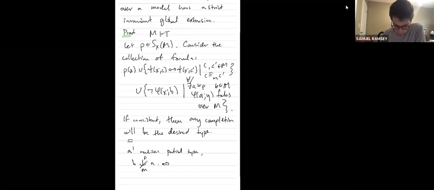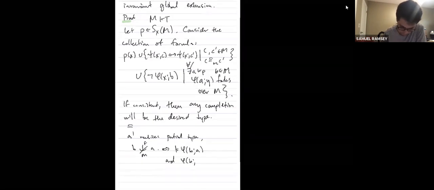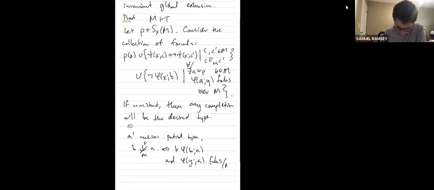In that case, there's some formula. So it follows that there's some formula φ(b, a), which is true, and φ(y, a) forks over m. And that's something which contradicts the way that the type was defined. Because the type was defined to include the negation of all formulas which fork when the parameter is a realization of the type P. Does that make sense? Yes, okay.